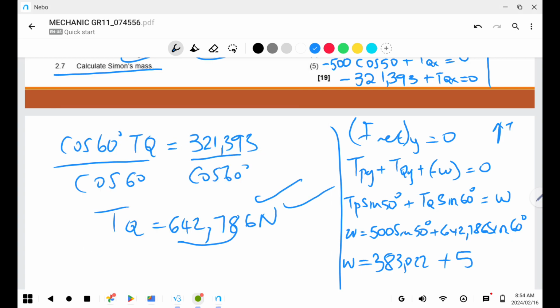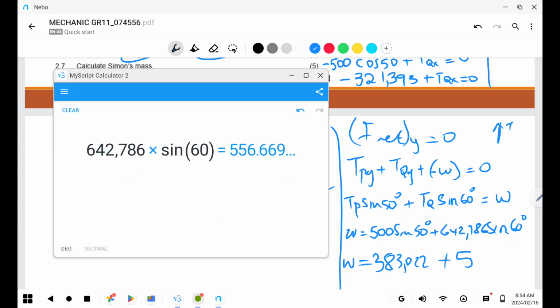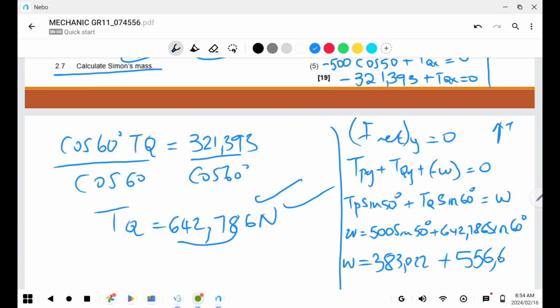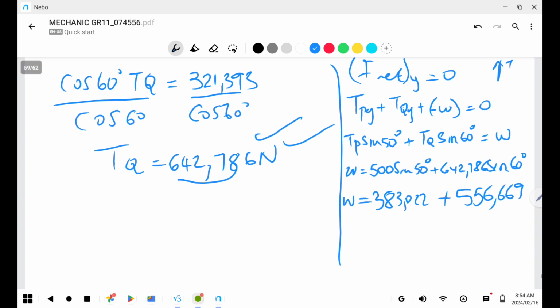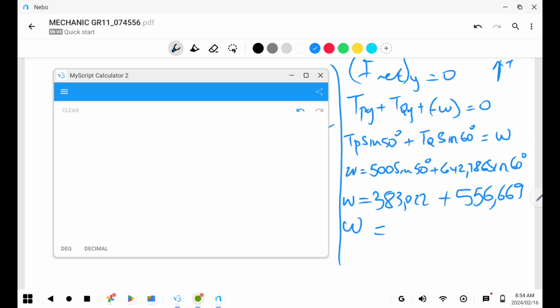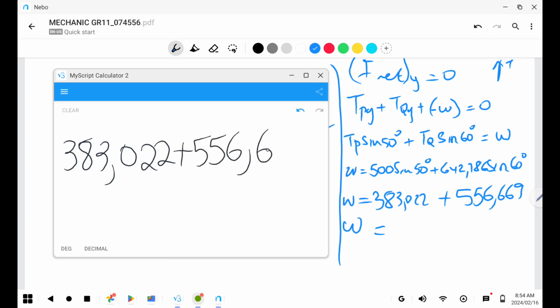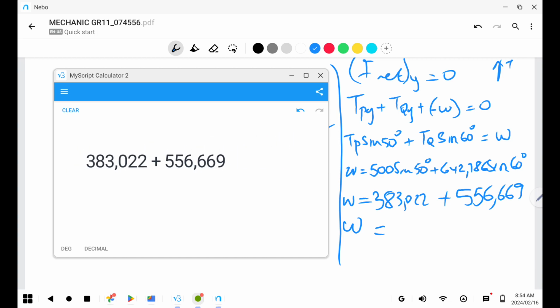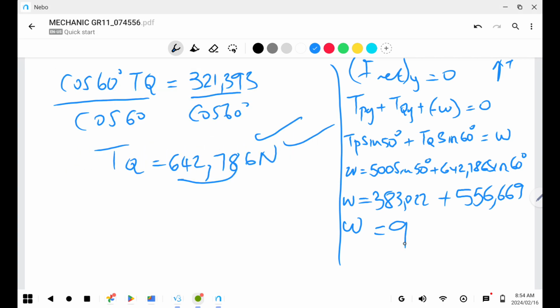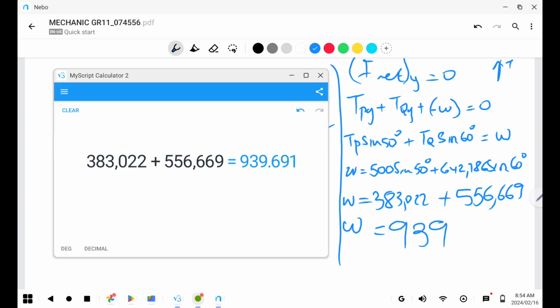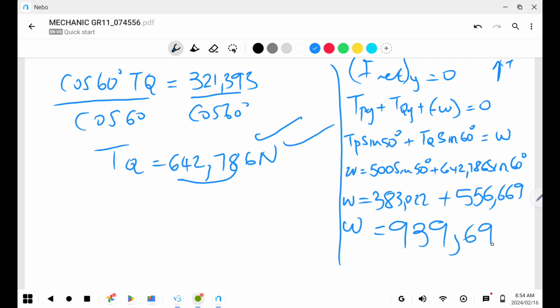That is 556,669. This means that the weight will be equal to 383,022 plus 556,669. So I have the weight as 939,691 Newton. Now I can find the mass.